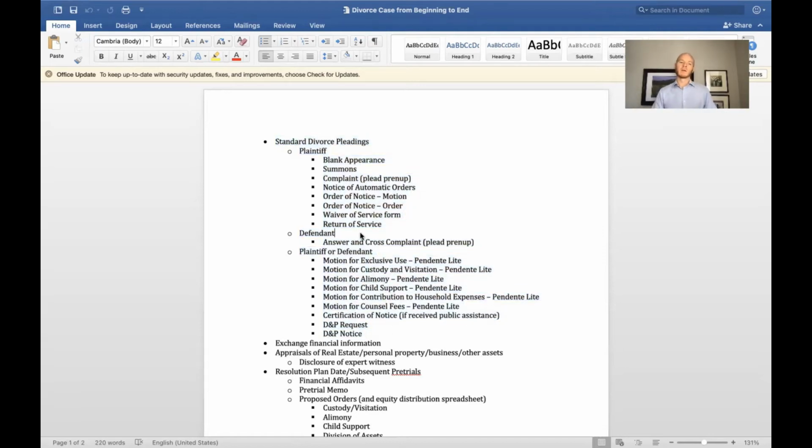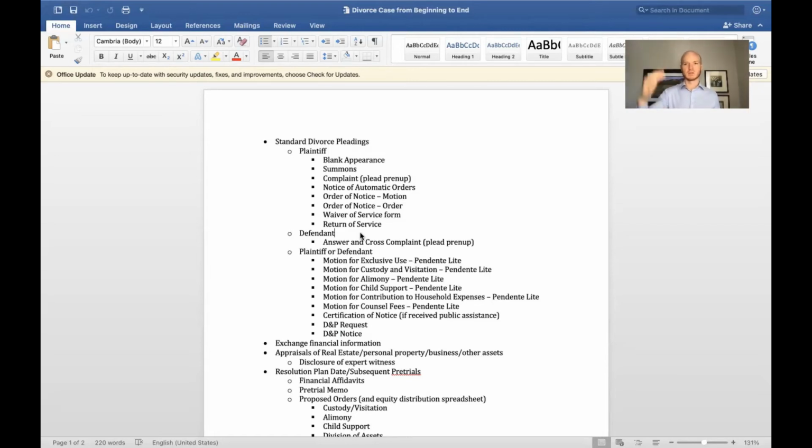And then after those are filed, really we're going to want as soon as possible to start to gather financial information. So that will include the financial affidavits. In a divorce, both parties have to draft and file financial affidavits. A financial affidavit is a document that lists income, expenses, assets, and debts.